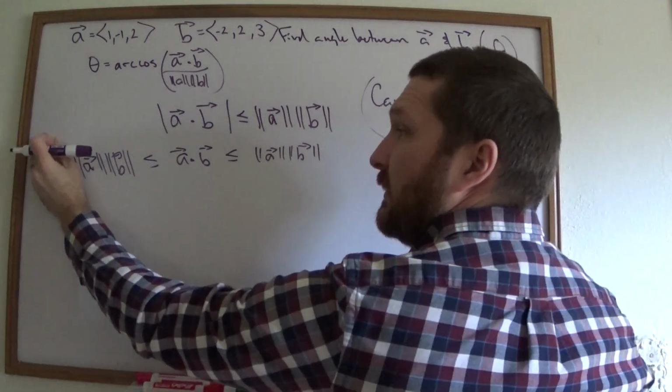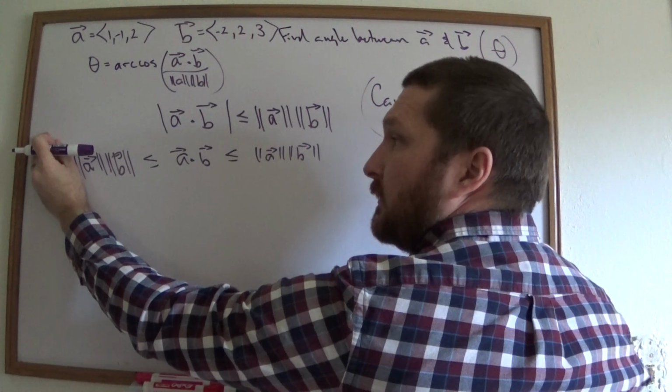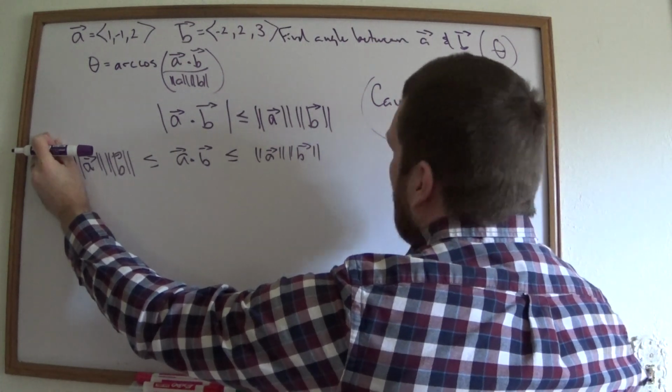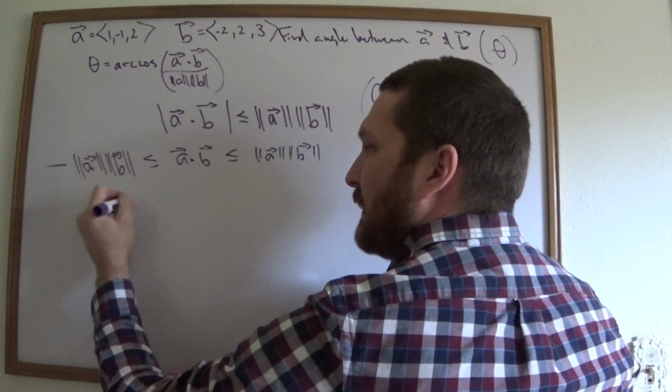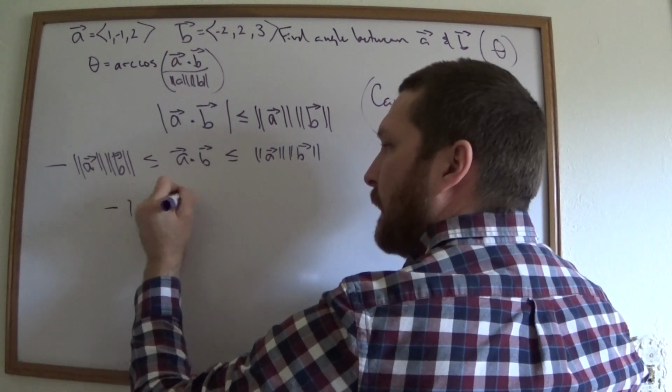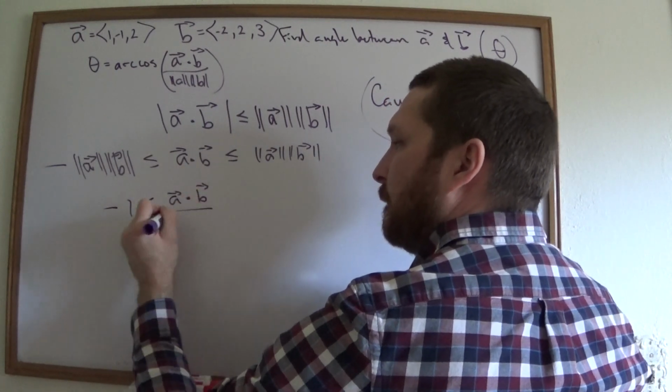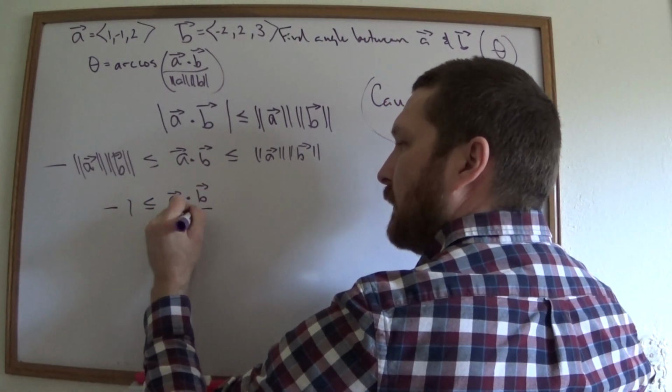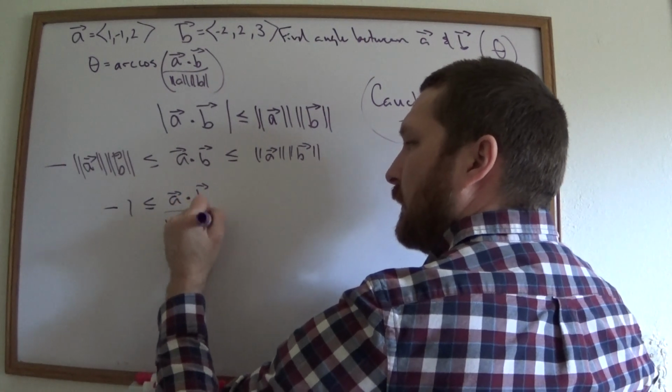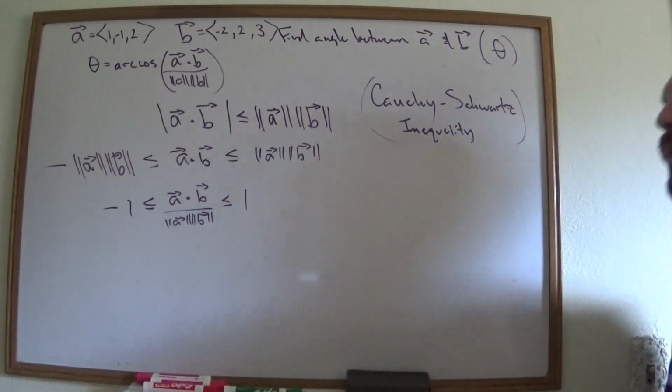By the way, without that negative there, that's a positive number, because the magnitude's always a positive number. So you divide both sides by it, and you get that it's always true.